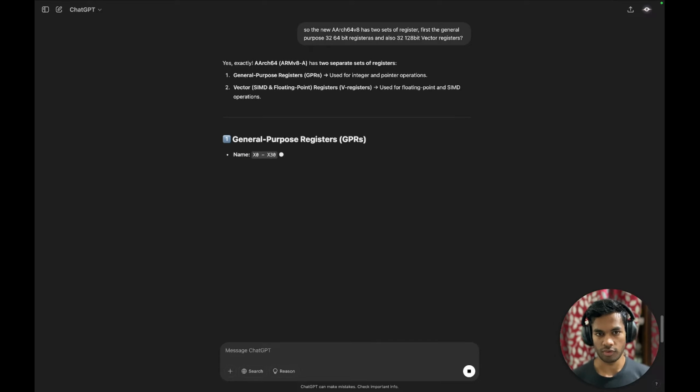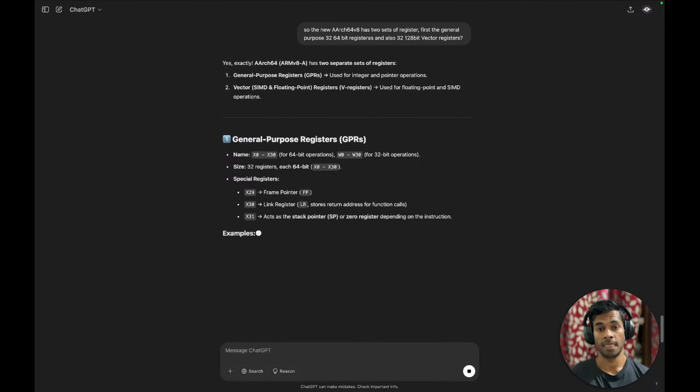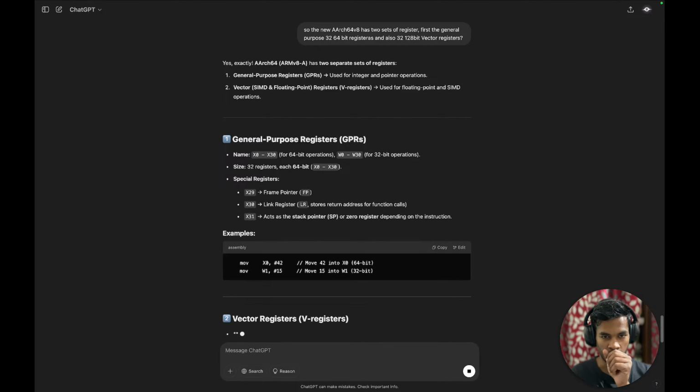ARM64, AArch64, ARMv8-A, where A means application, has two separate sets of registers. General purpose registers are used for integer and pointer operations. That is why they are called general registers, because you do a lot with them. Vector, SIMD, and floating point registers, the V registers, are used for floating point and SIMD operations.